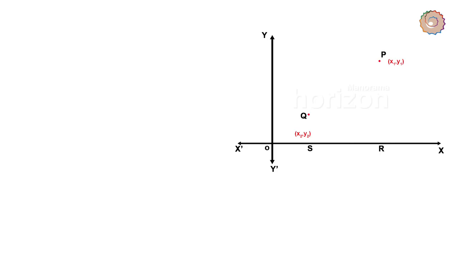Let there be 2 points, say P and Q, on the xy plane with coordinates (x1, y1) and (x2, y2) respectively. To find the distance PQ, we first draw PR and QS perpendicular to the x-axis and a perpendicular from the point Q on PR is drawn to meet it at the point T. This is now a right angled triangle.